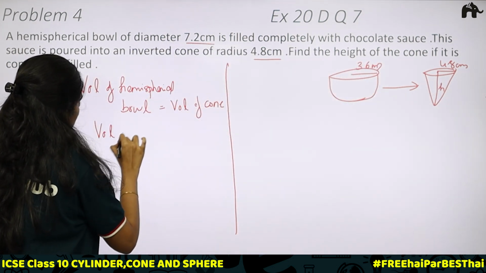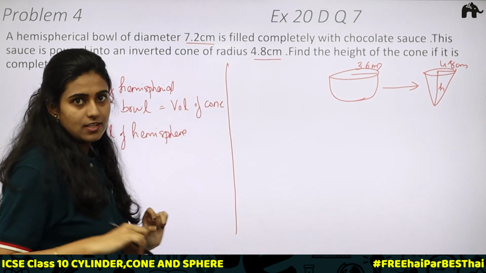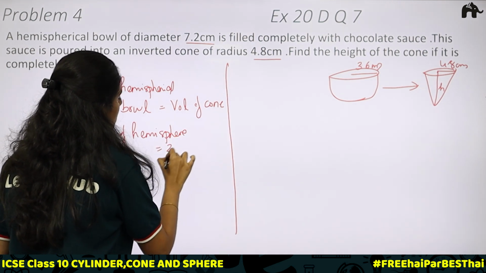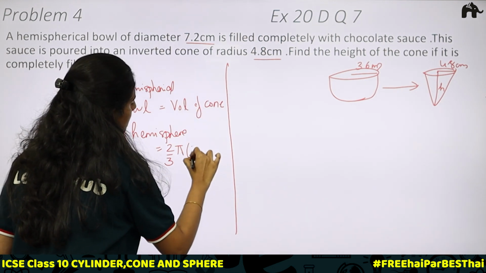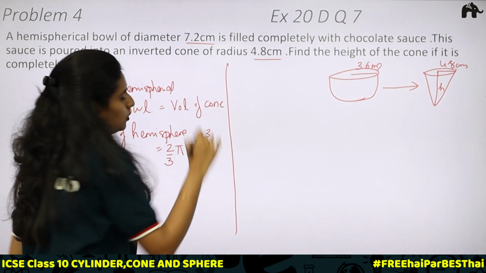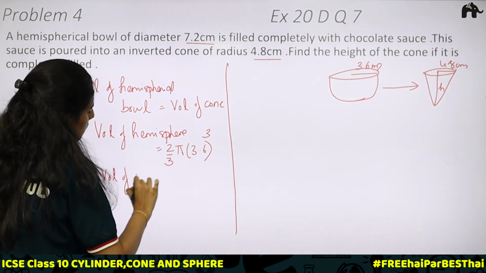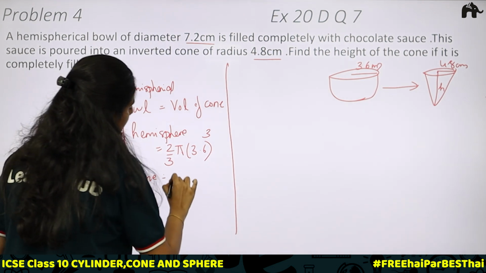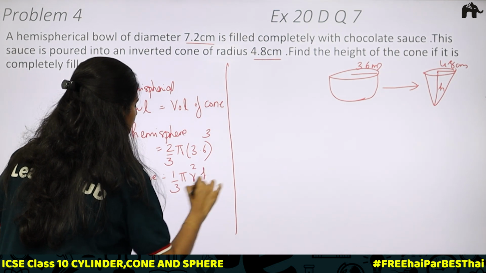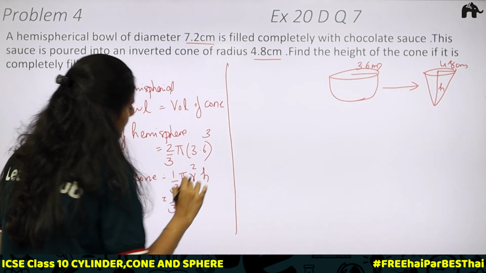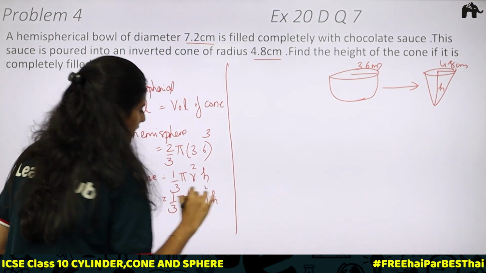What is the volume of hemisphere? Volume of hemisphere is equal to 2 by 3 pi r cube, 3.6 cube. Then volume of cone is equal to 1 by 3 pi r square h, that is 1 by 3 pi, 4.8 square into h.